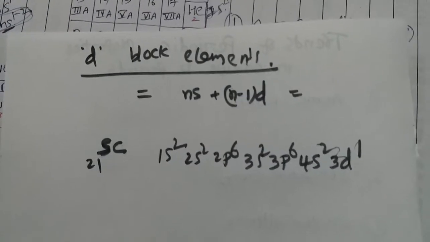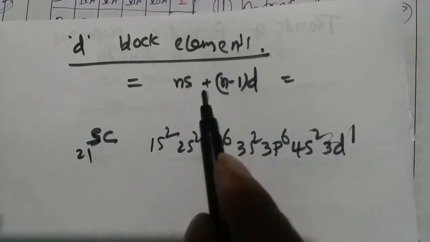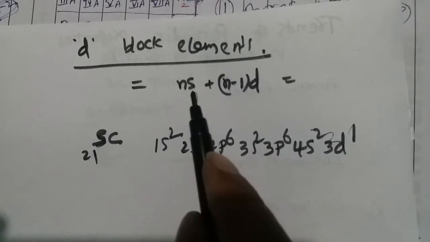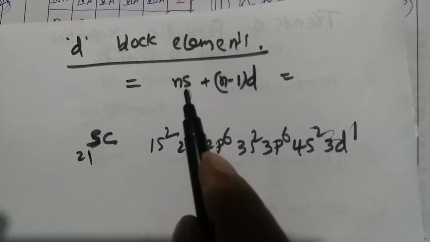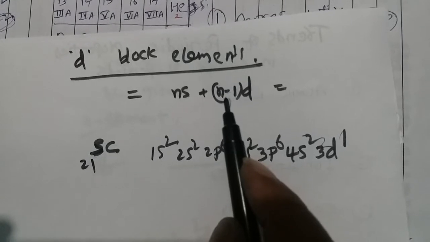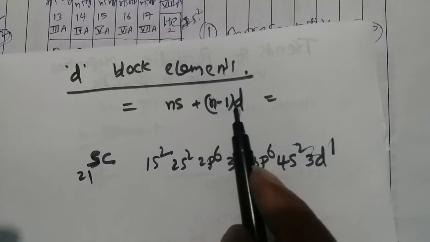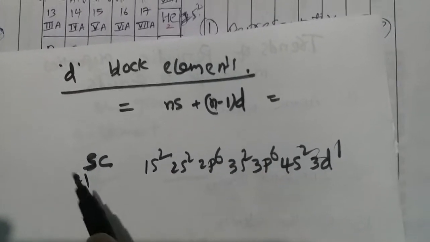If you observe the periodic table very keenly, you will get an idea about this formula. The number of electrons in the S subshell, which is the outermost shell, plus the electrons in the penultimate shell, that is the (n-1) subshell, which is D here. When we add these, we get the group number of D block elements.